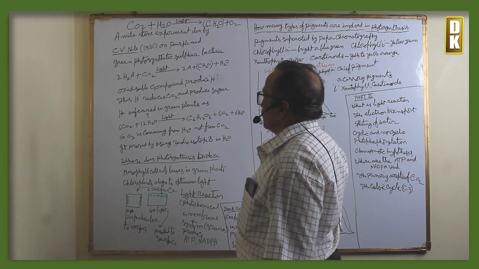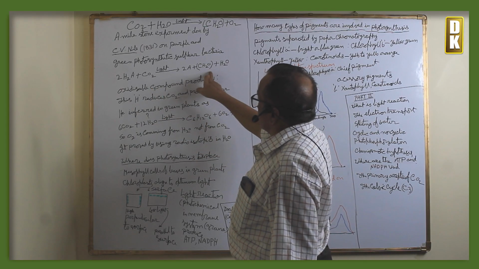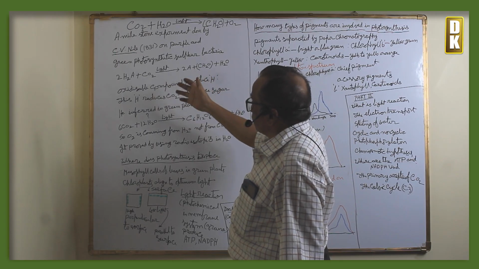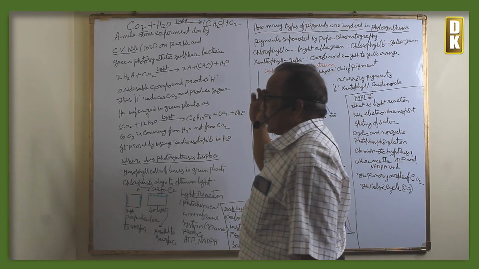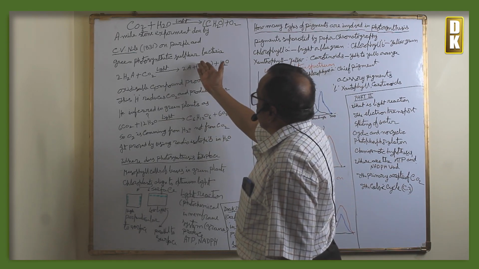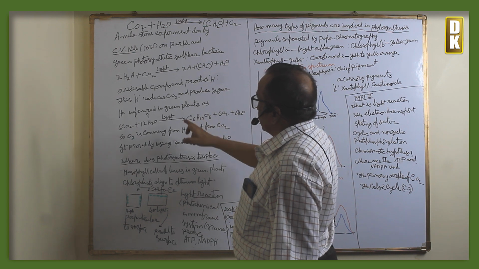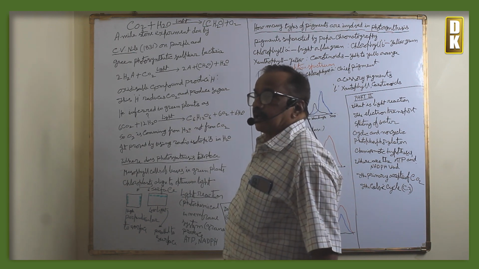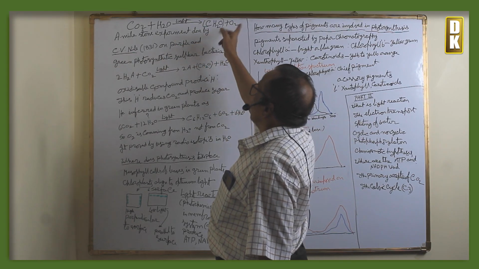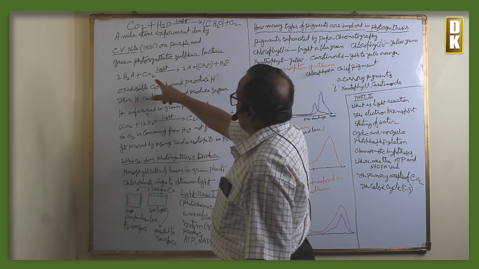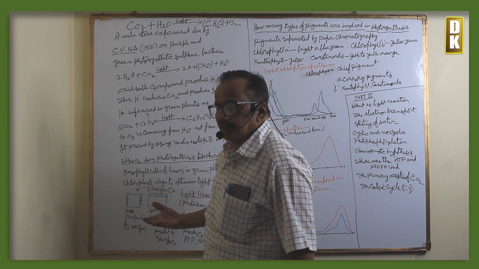After knowing this, he inferred, meaning he applied the same formula for these sulfur bacteria, and he applied the same thing to the green plants also. In the green plants, they said CO2 plus H2O will give oxygen. But water is also coming out. That also he added in this one.